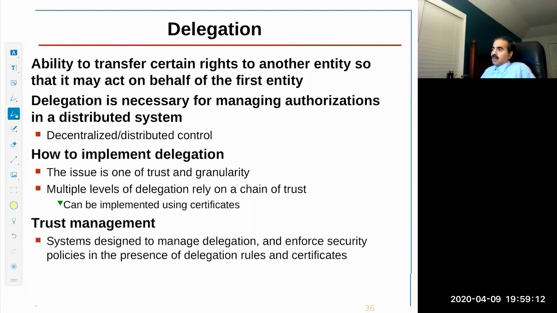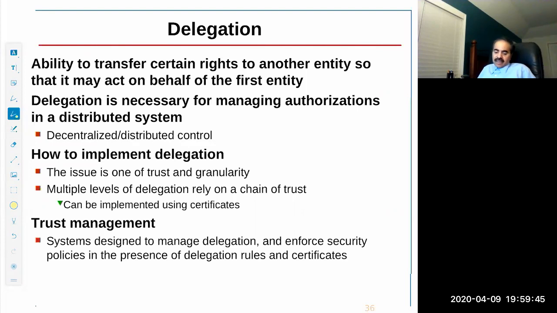For instance, I may hand over some task to my TA, and in order to do that, I need to delegate the task and give the TA the associated permissions. What I delegate may not be all of my permissions. I may hand over a subset of my permissions to my delegate.